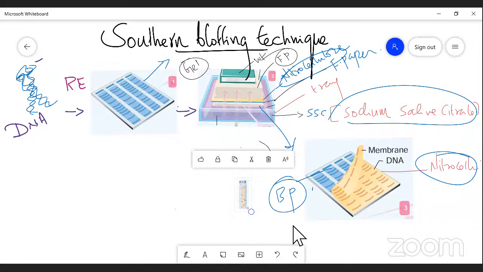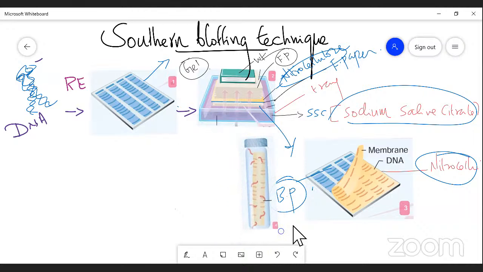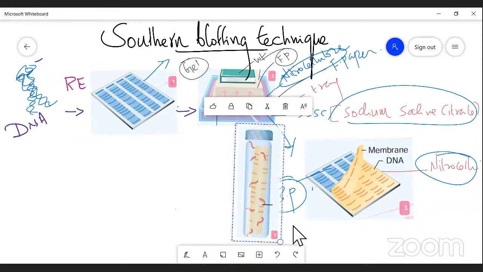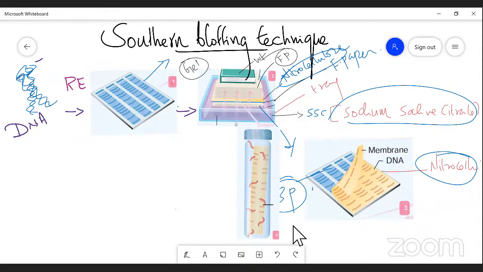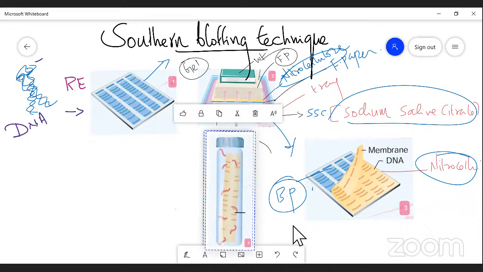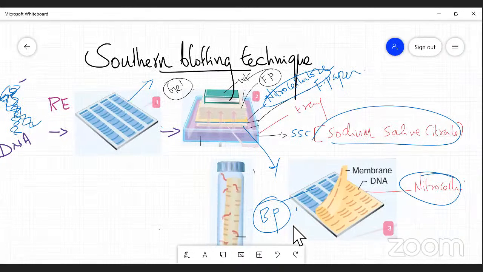So this membranous paper which contains a number of fragments of DNA is to be transferred in this step. What is transferred? The yellow color membrane paper is to be transferred.